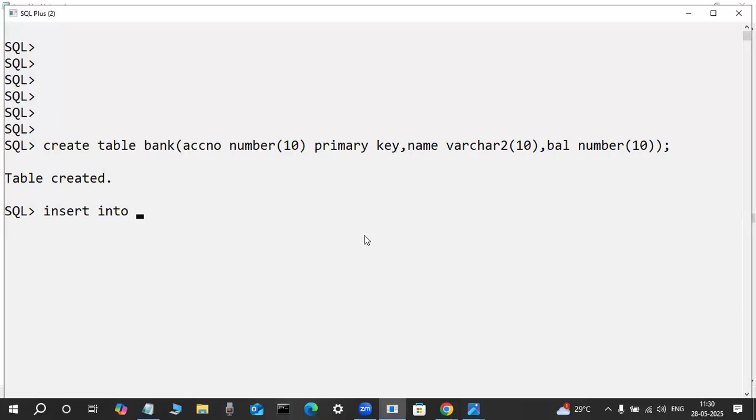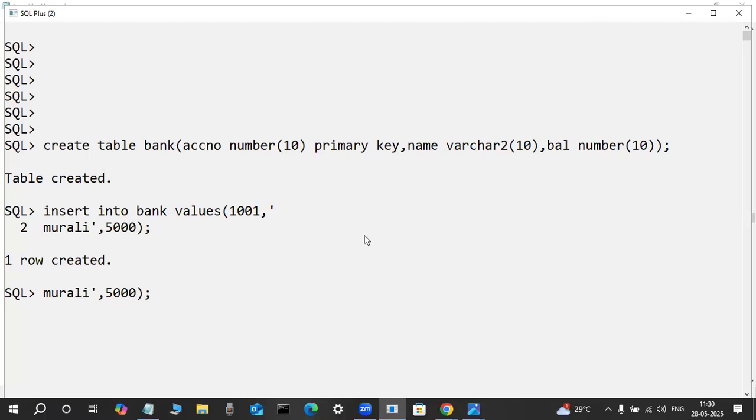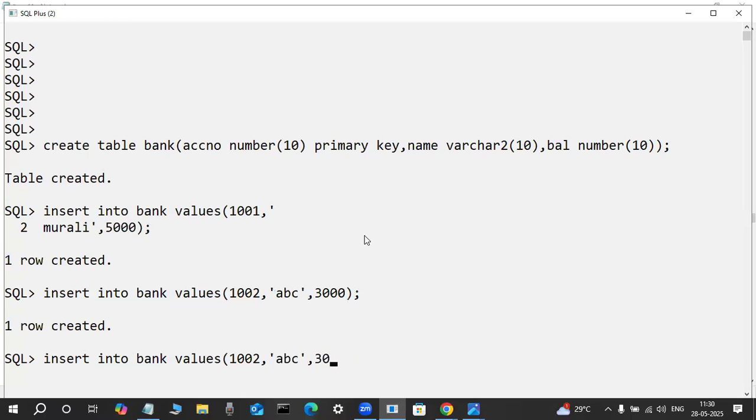Now I try to insert some account holders' names. Now observe here: account number 1001, one of my account holders, my name I'm giving Murali, balance is 5,000 for example. 1002, ABC, 3000. 1003, XYZ, 4000.